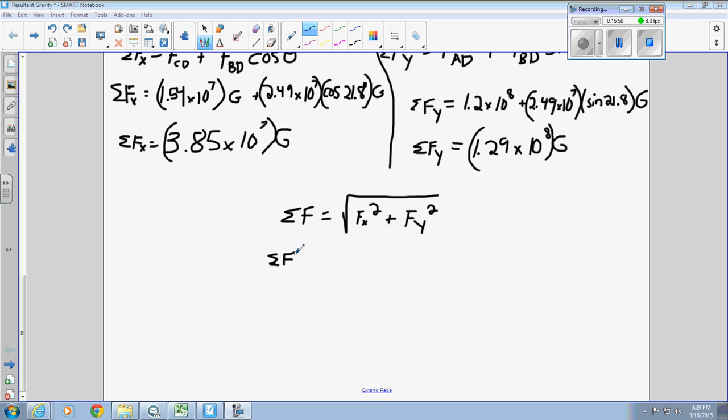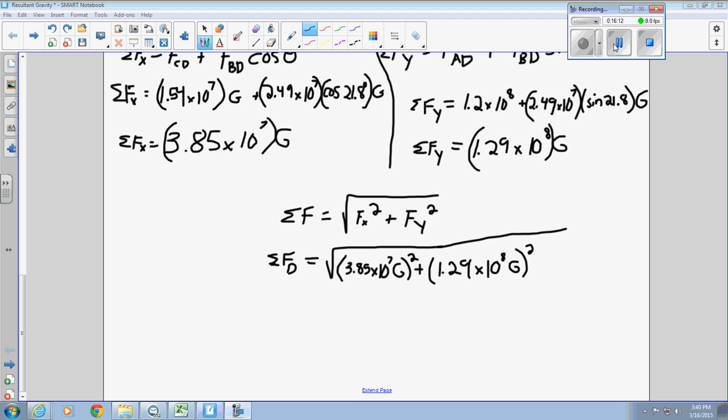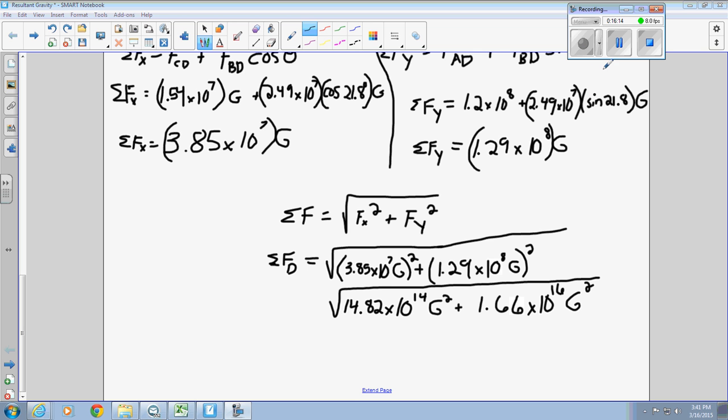And we'll call this the resultant force acting on D. The resultant force acting on D is equal to the square root of 3.85 times 10 to the 7th squared plus 1.29 times 10 to the 8th squared, and add them together and square root them. Just adjusting the exponent so that they match up.